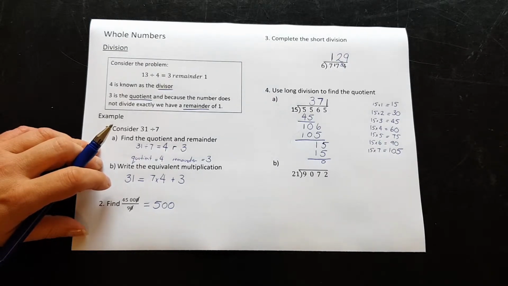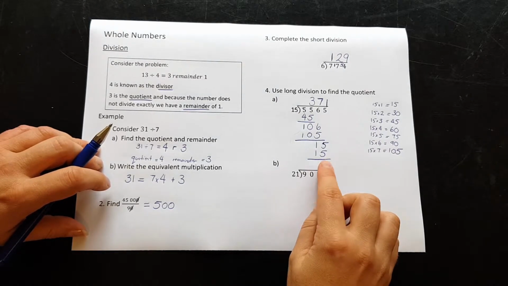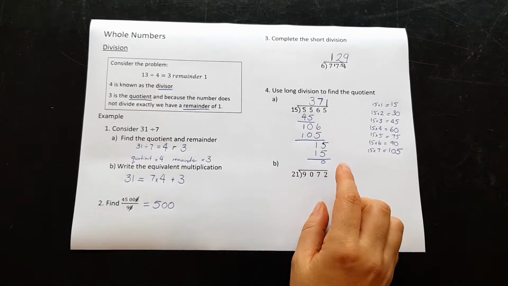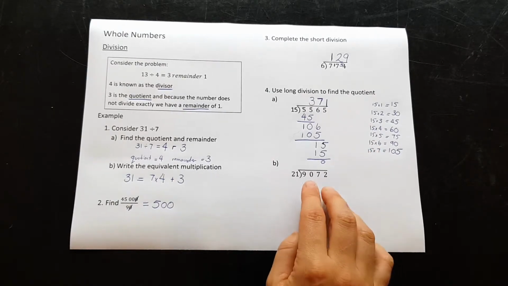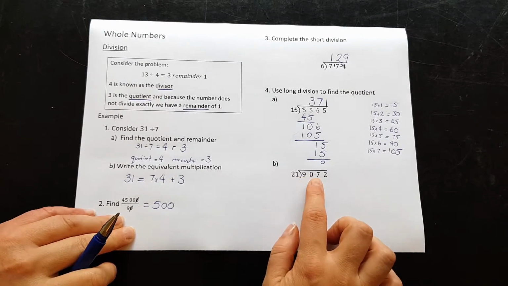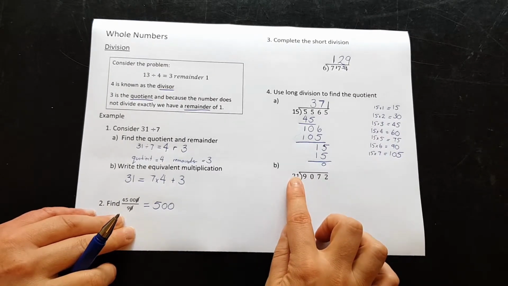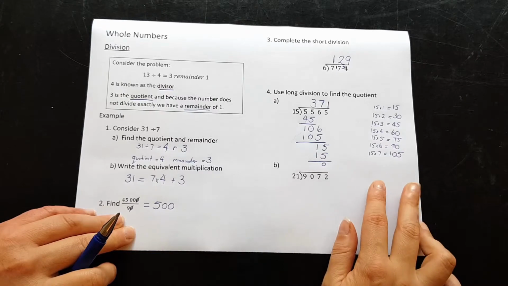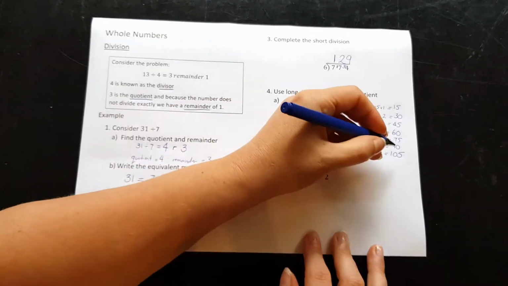So coming up in the future, you are going to get some questions where you have a remainder, but not today. So let's look at our next question. We want to divide 9,072 by 21. So let's write down a few 21 times tables.